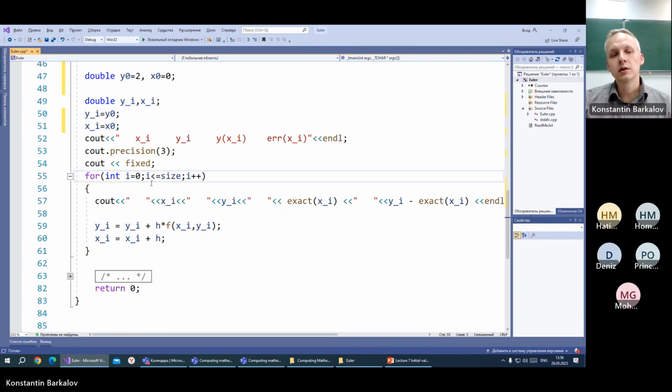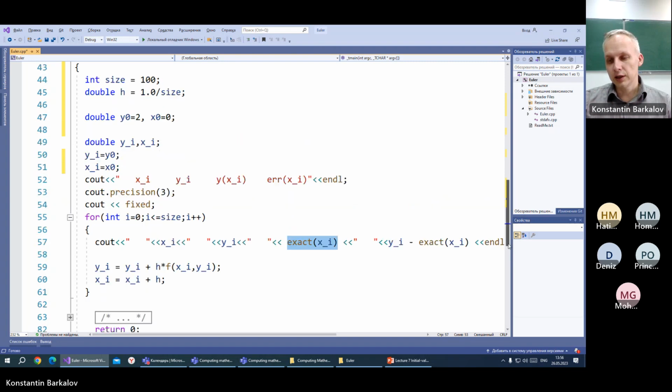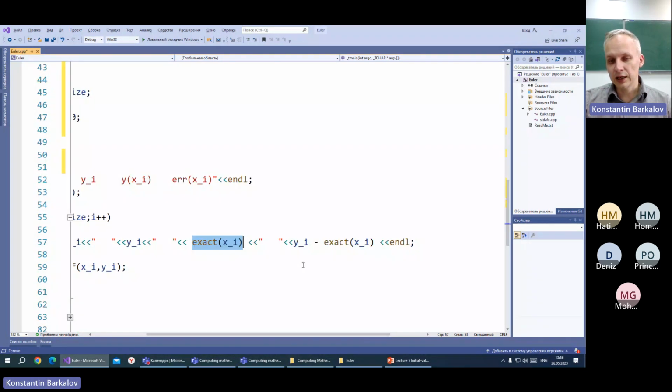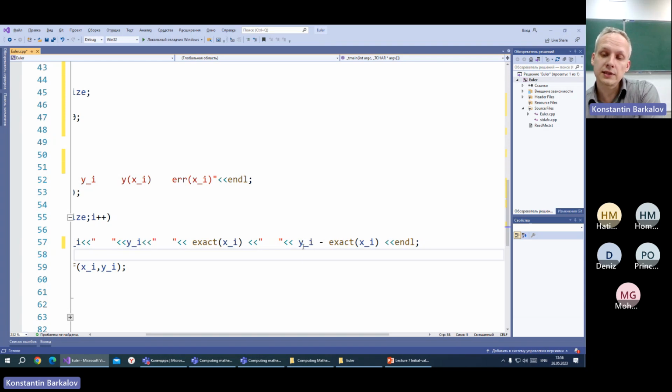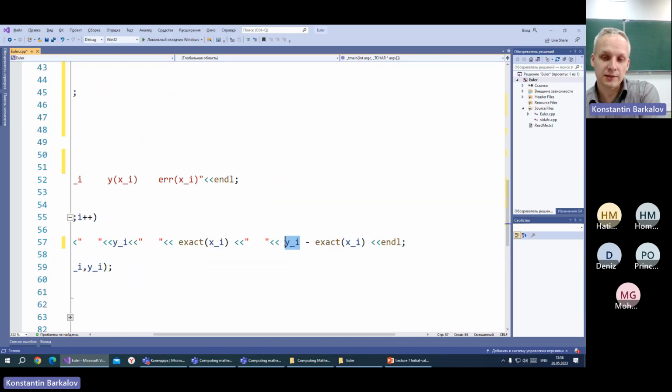And in this loop, I output to the screen the value of x, the value of y, the value of the exact solution at the point xi, and the error. Let me remind you that error is the difference between the approximated value and the exact solution.